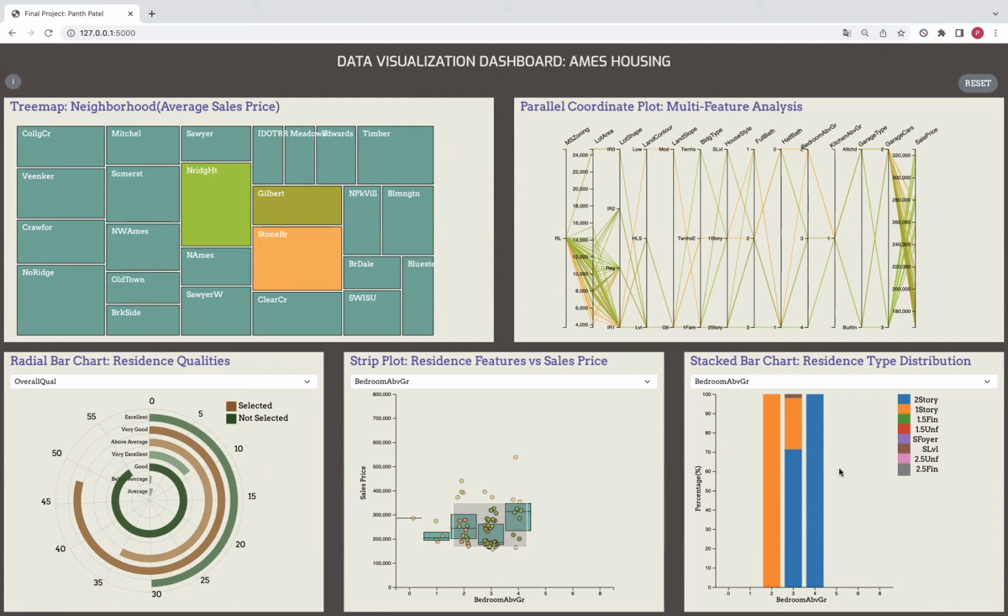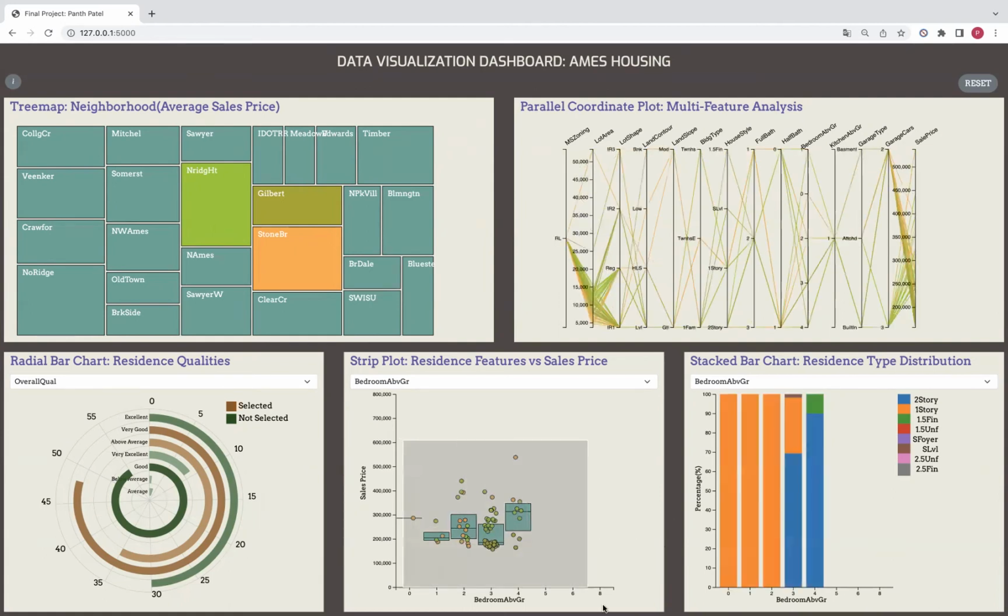So this actually saves time for the user. The user would have a perspective of what they should be looking for, and what type of houses they should be expecting in these neighborhoods.